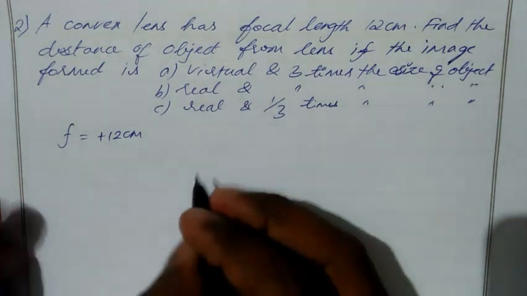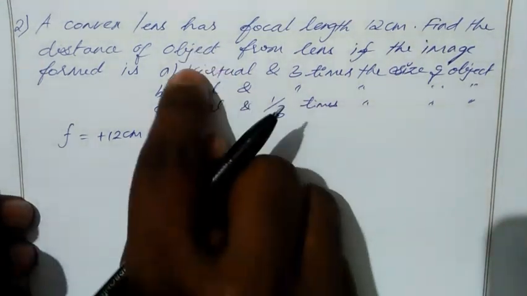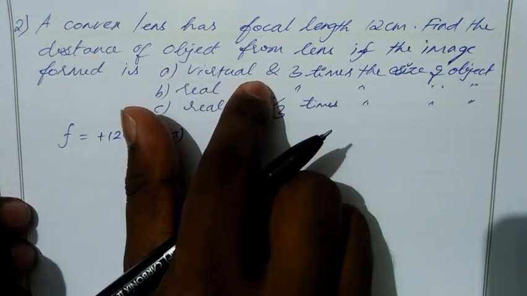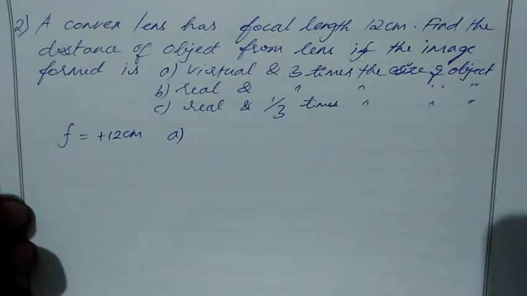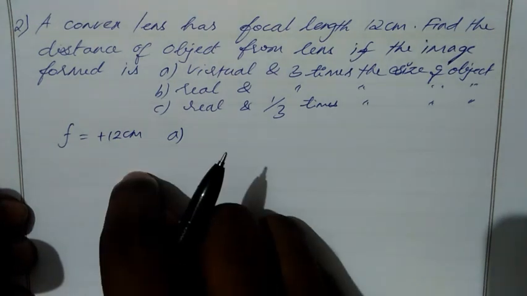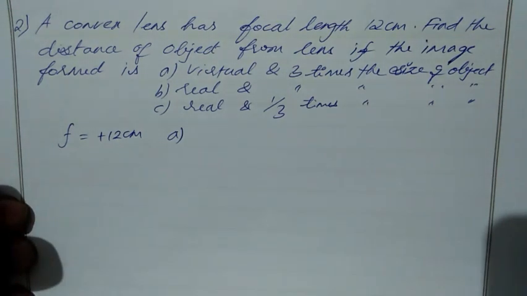Okay, so take first condition. It is given virtual and 3 times. So for virtual, what is the magnification? Think about it. So we have virtual image when the image is above the principal axis. So already object is above the principal axis. Image is also above the principal axis. So both have same sign, correct?